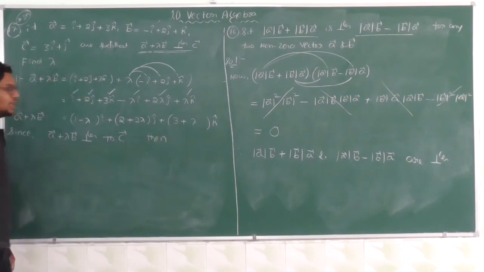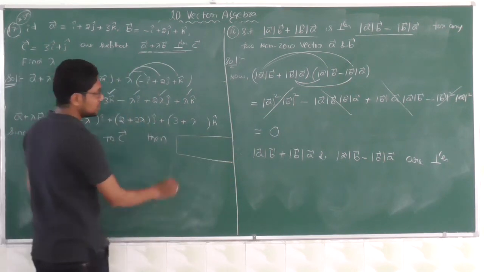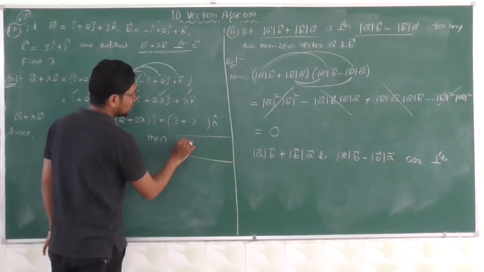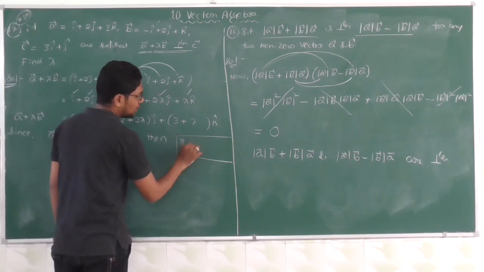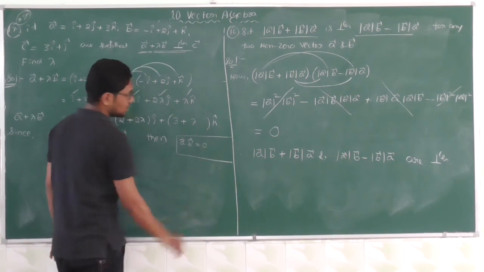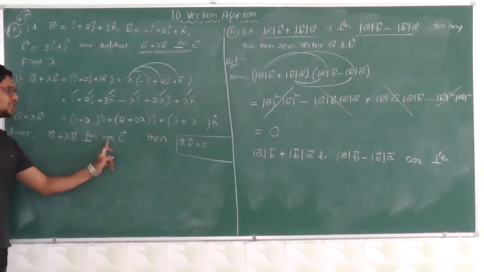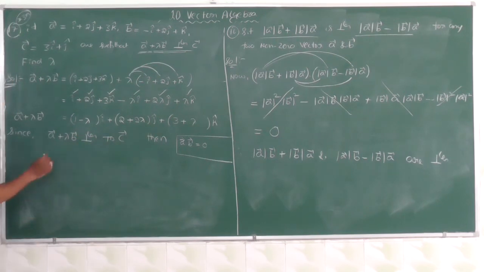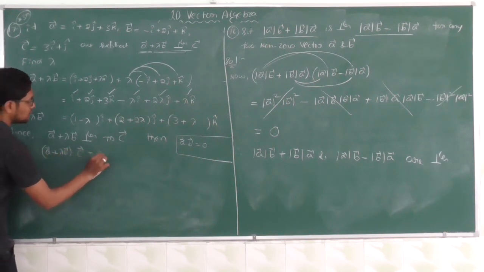Then what will we get? Once again, remember that condition: if A vector and B vector are perpendicular, then A dot B equals 0. Then A vector plus lambda B vector dot C vector equals 0.